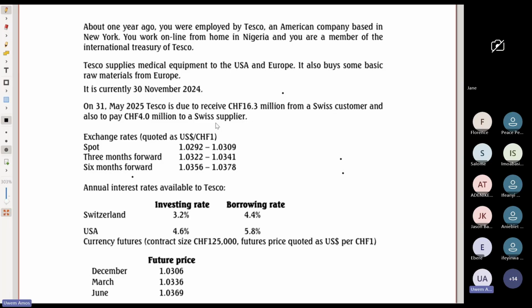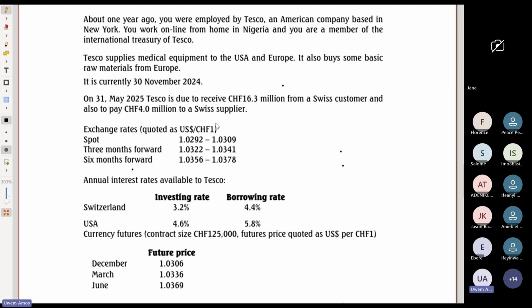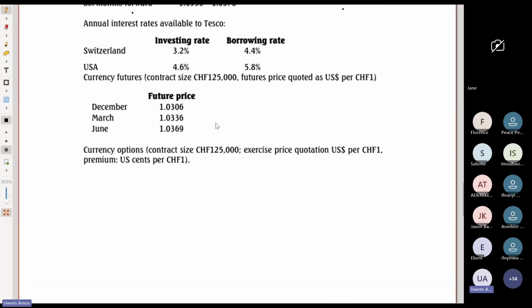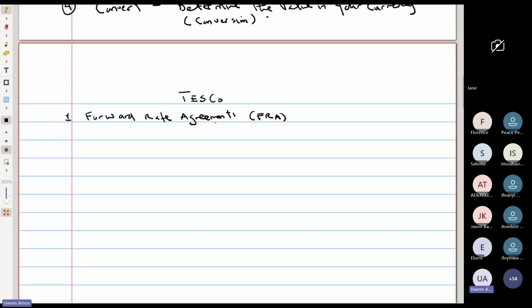As you are collecting the 16.3, you need to make provision to pay 4.0. So what amount are we left with that we're really concerned might be impacted by adverse movement? The payment we're making is in the same currency, so it doesn't make any sense to convert the entire Swiss franc to dollar and then convert it again to pay. So just use the Swiss franc and make your payment. So let's determine the amount to be hedged.